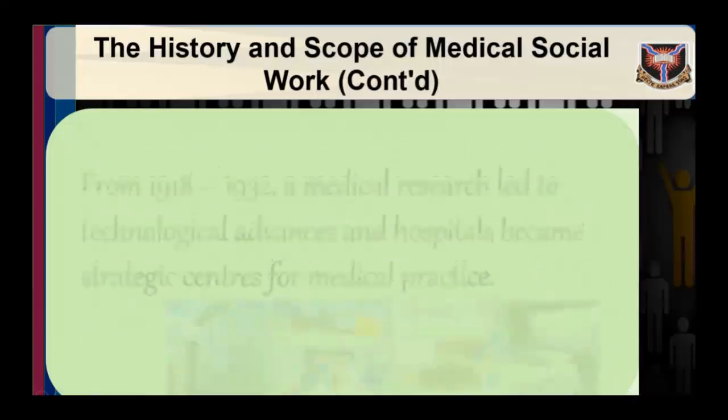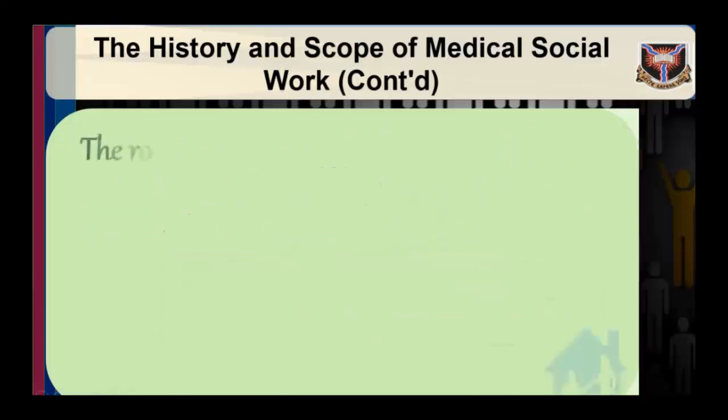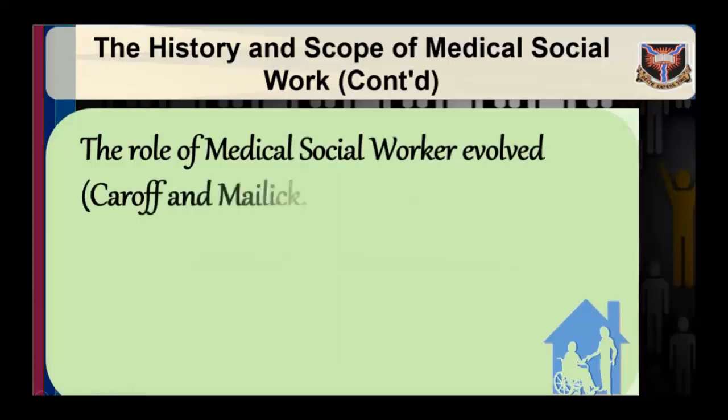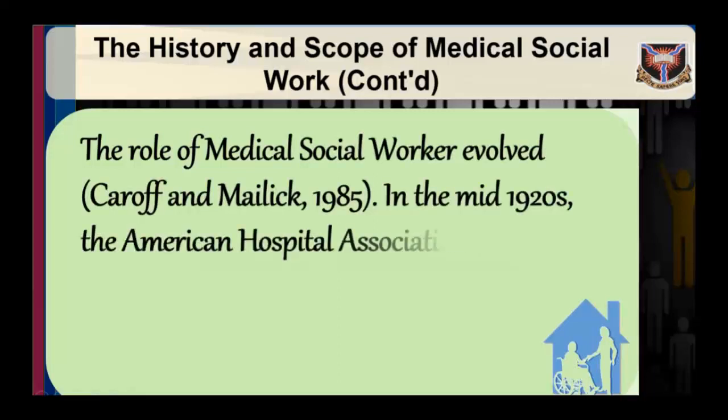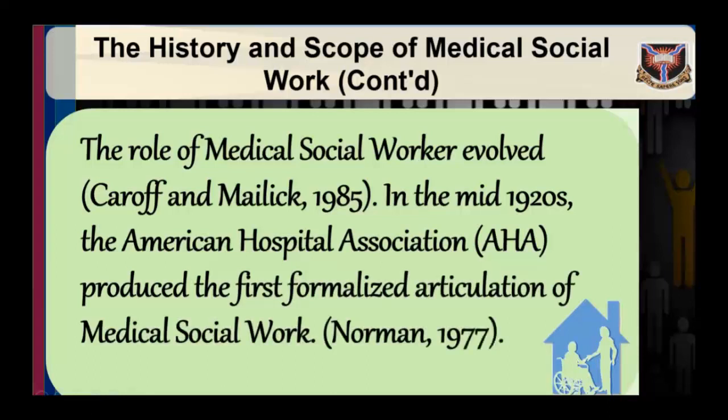From 1918 to 1932, medical research led to technological advances and hospitals became strategic centers for medical practice. The role of medical social workers evolved. Kadoff and Malick, 1985. In the mid-1920s, the American Hospital Association, AHA, produced the first formalized articulation of medical social work.